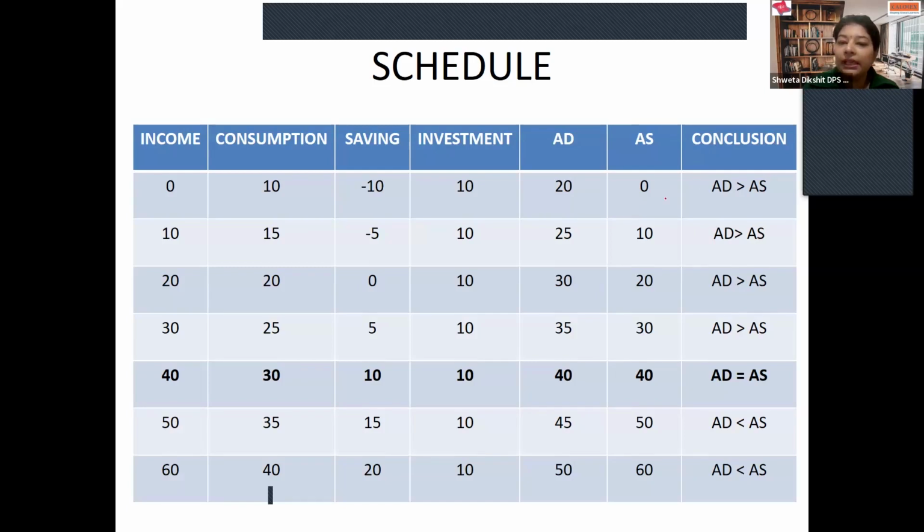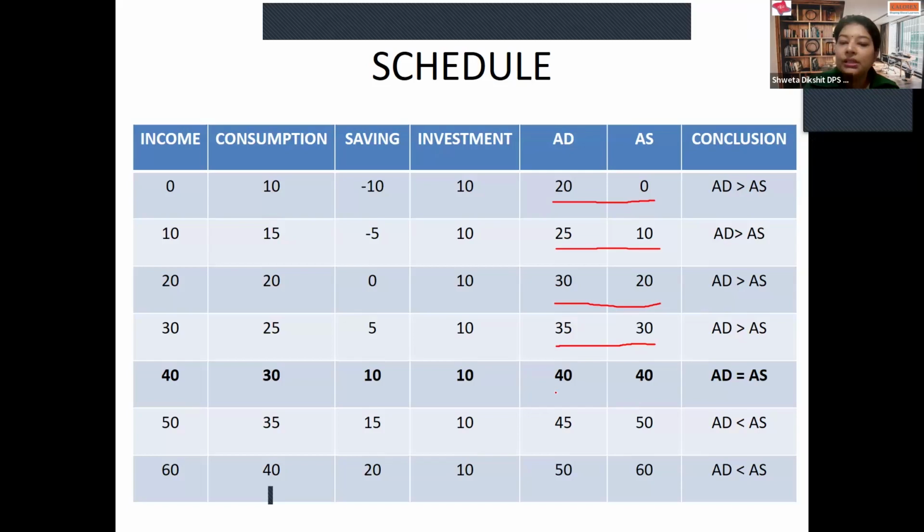For example, in the previous sets of combinations you will see that AD is greater than AS. You see, 30 is greater than 20, 25 is greater than 10, 35 is greater than 30. So all these are the phases when AD is greater than AS. This condition is known as the situation of excess planned demand.